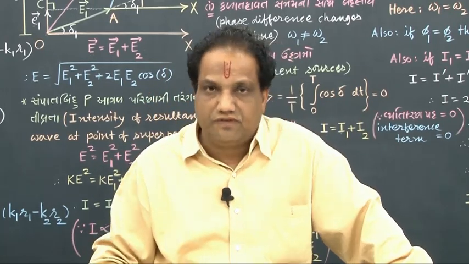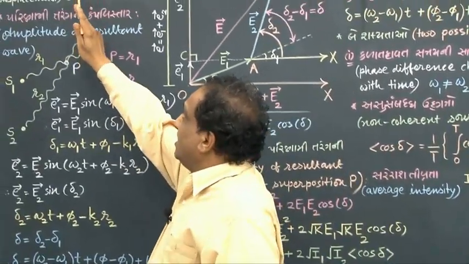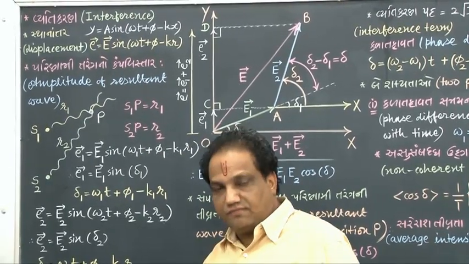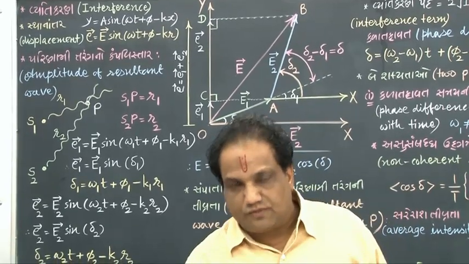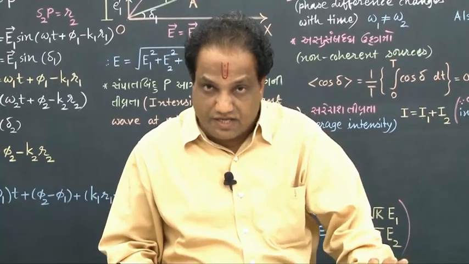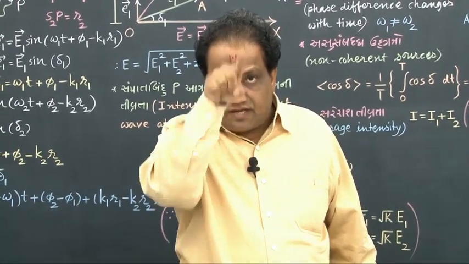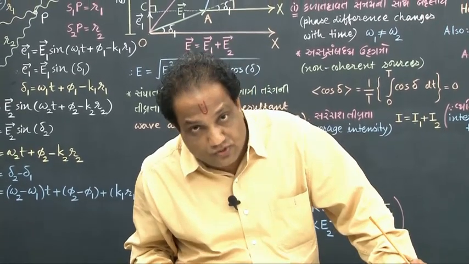Got it? Fine. First of all, let us see what is called an interference. What do you mean by an interference? Whenever two or more than two waves superpose at any one particle of medium simultaneously, we find that that particle starts oscillating under the resultant effect of all the superposing waves.